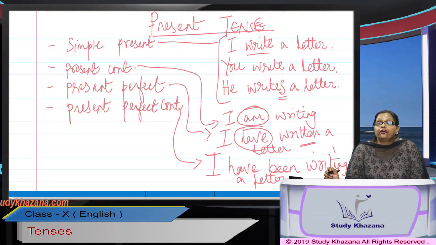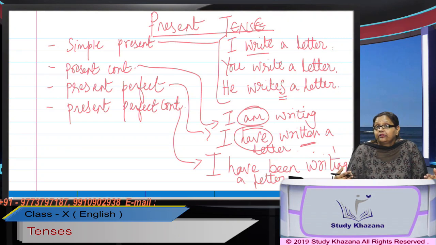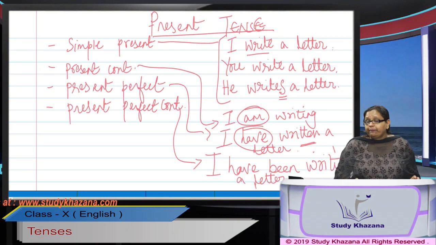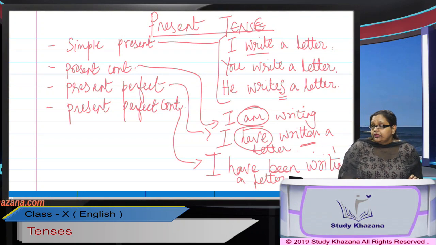It means the action of writing a letter started, I don't want to disclose when I started, but this is something that I have started and I am still writing. Not like the present continuous one which says that I am writing a letter. Okay, so I hope this much is clear for you. In case you have any doubts, just go through the notes once again.